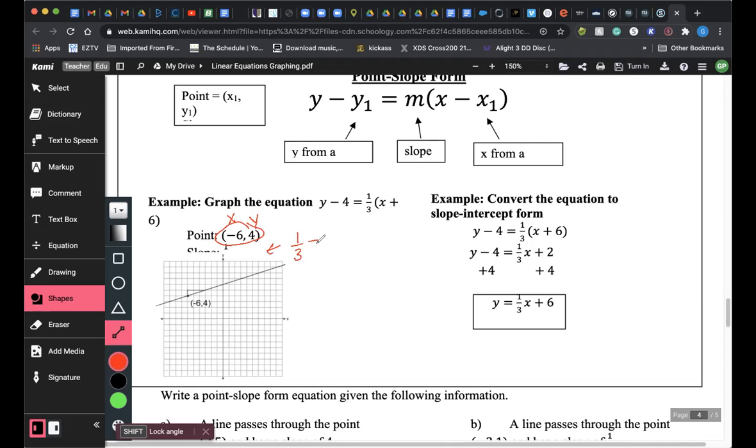Okay, so that is what you replace your m with. So you use this equation here, y minus y1, is equal to m times x minus x1. Your y1 is the point that you're given for y here, and again, your x1 is the point that you're given, right?